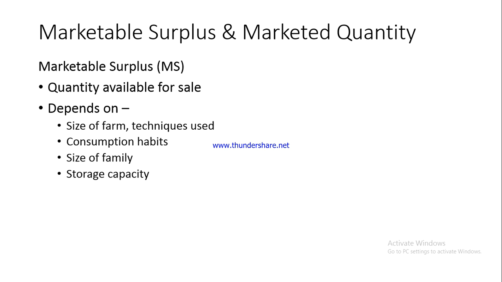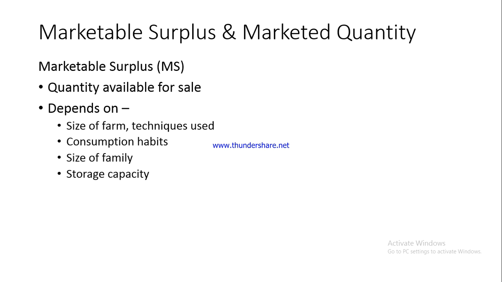So if the size of the farm is big, naturally the volume of production, the volume of the crop that you have produced would be bigger, which means even if you have reserved some of the portion for the family, even then you would be left with a lot of amount which would be available for sale. Again, if you are using good techniques, you would be able to get a good yield, which means even after reserving for the family consumption, you would have a lot of crop left for sales in the market.